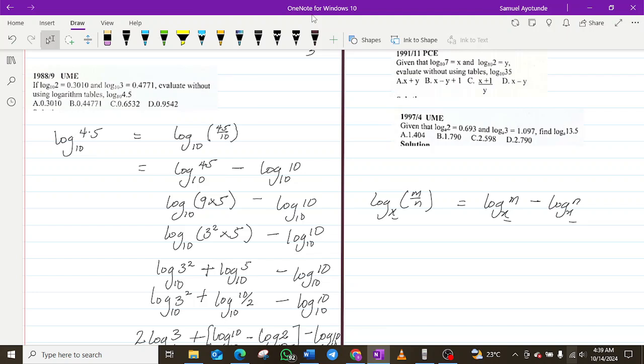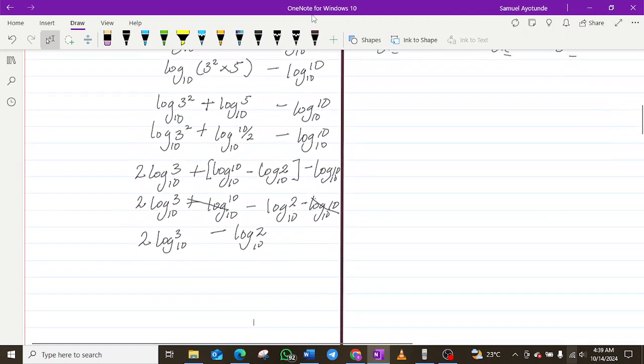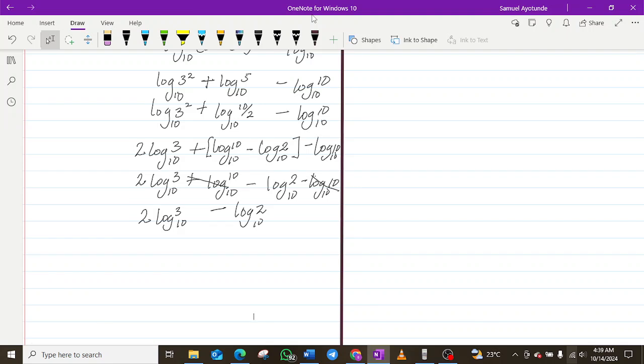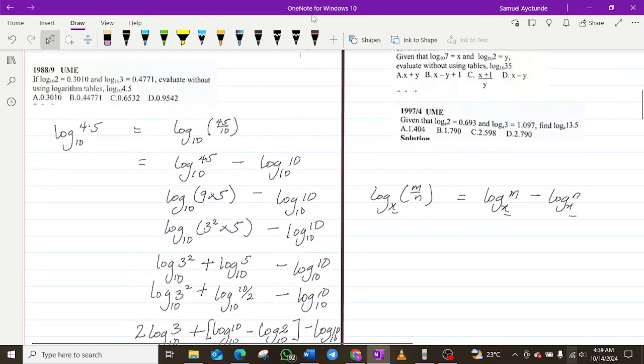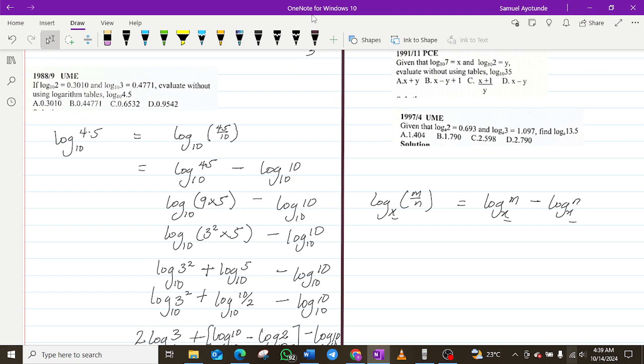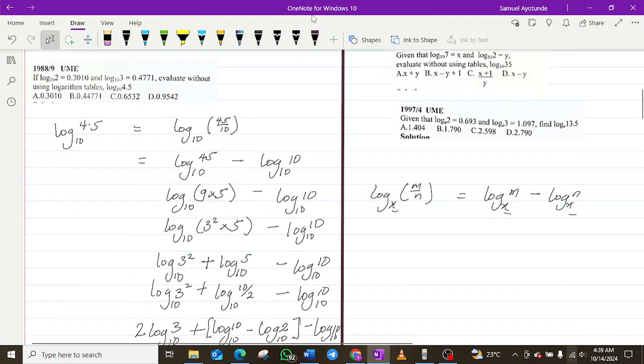So we're given the values: 0.3010 to substitute for log 2 base 10 and 0.4771 to substitute for log 3 base 10. So here we have 2 in bracket, 0.4771, minus 0.3010. So we have substituted, we have changed log 2 to 0.3010 and log 3 to 0.4771.